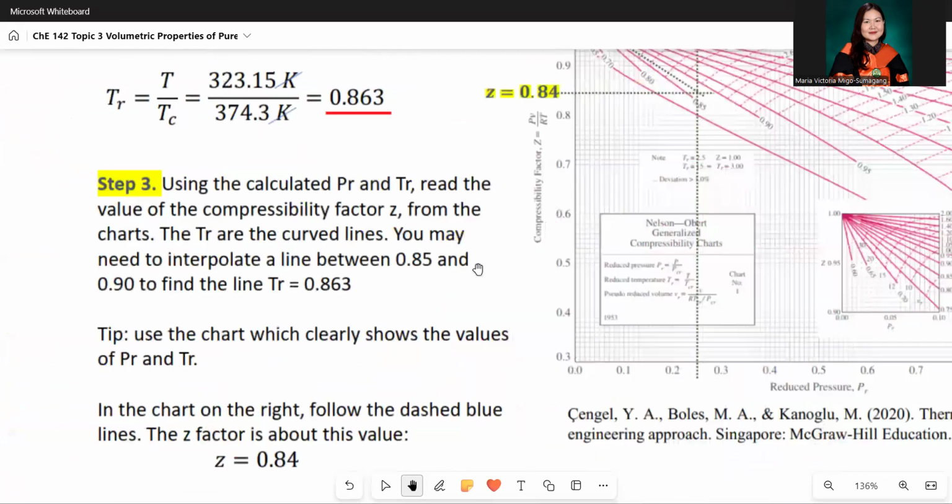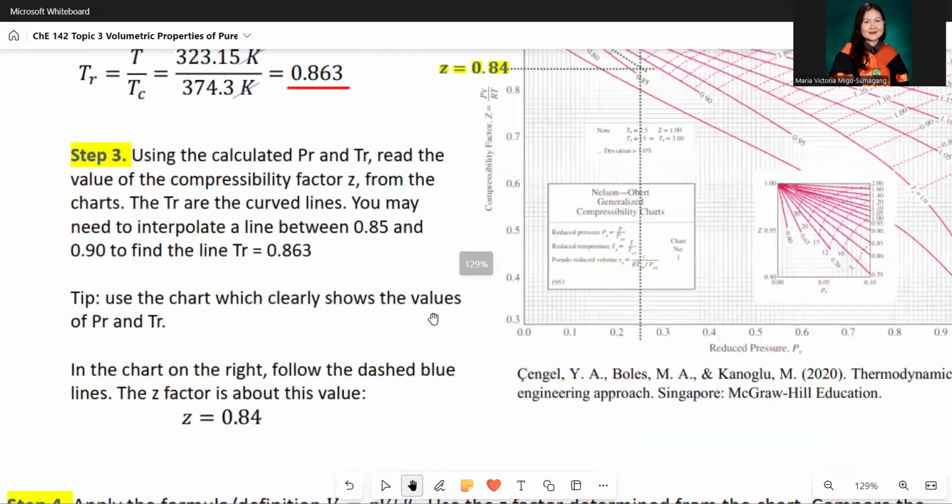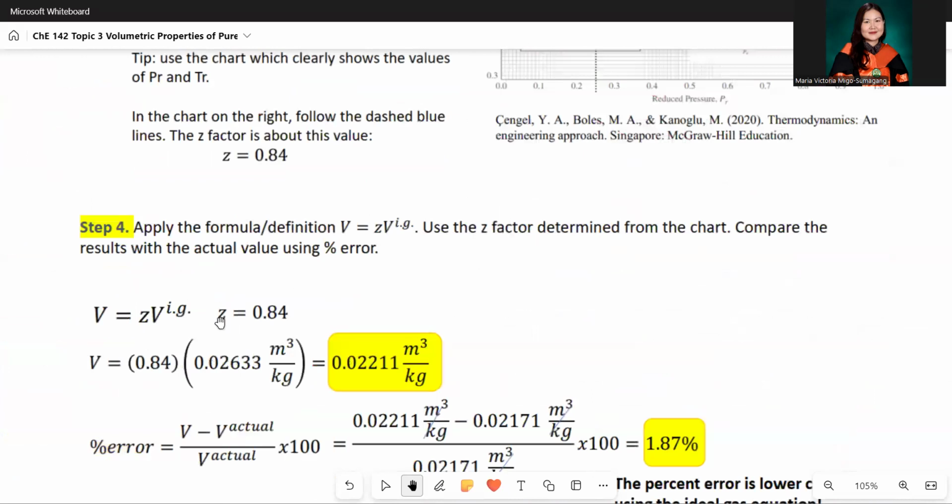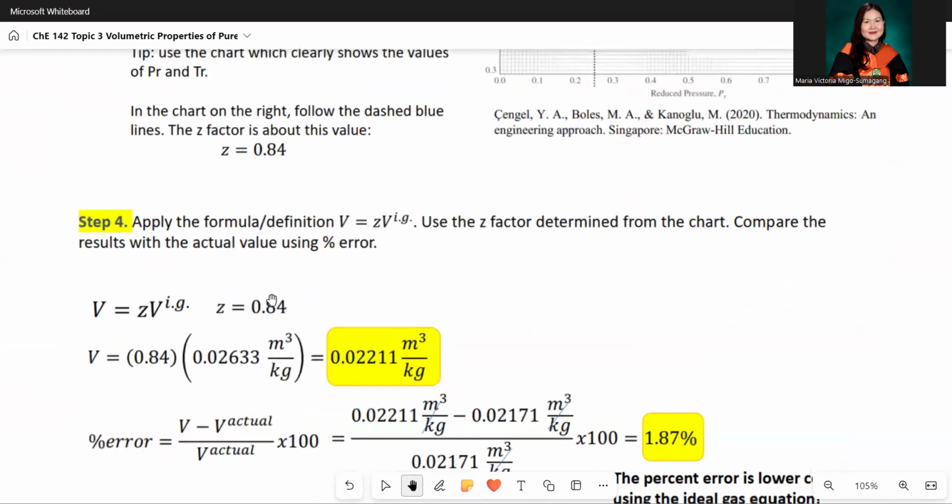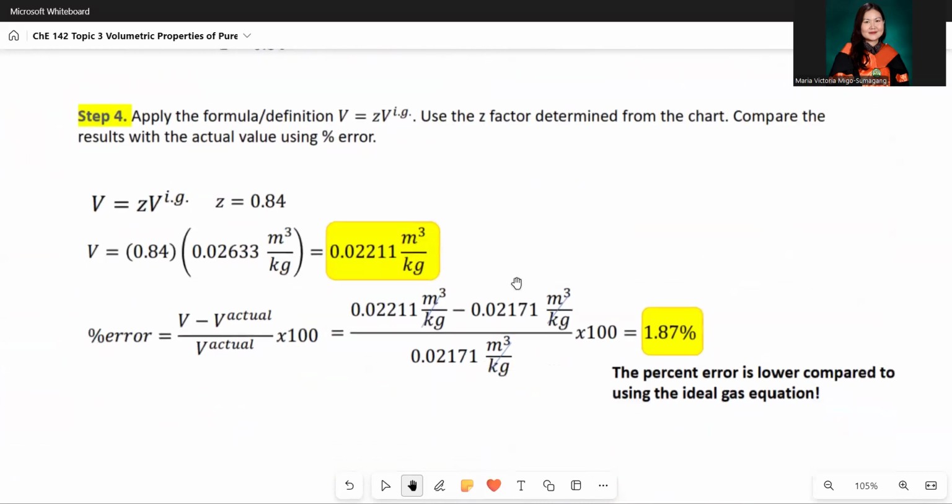And we use that to calculate the volume. So we multiply that with the ideal gas volume to get the real volume based on the compressibility chart. Comparing with the experimental value, we get the percent error. It's 1.87%.